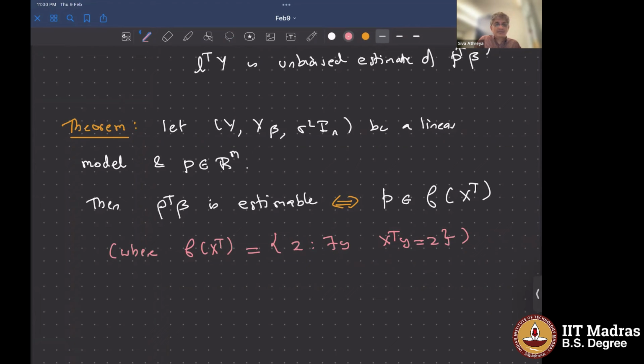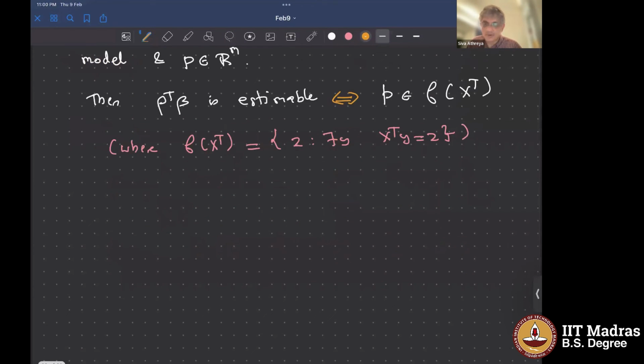This is a nice theorem. The proof is very doable. Let's do the proof, and then we'll come back and pose the problem.